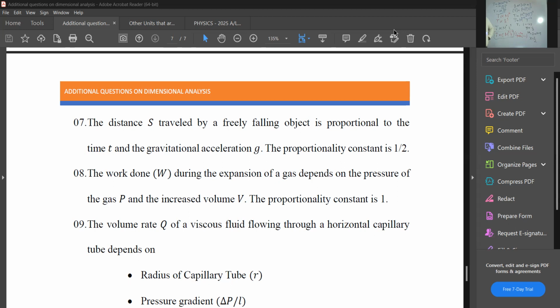The distance s traveled by a freely fallen object is proportional to the time t and gravitational acceleration g. The proportional constant is half.